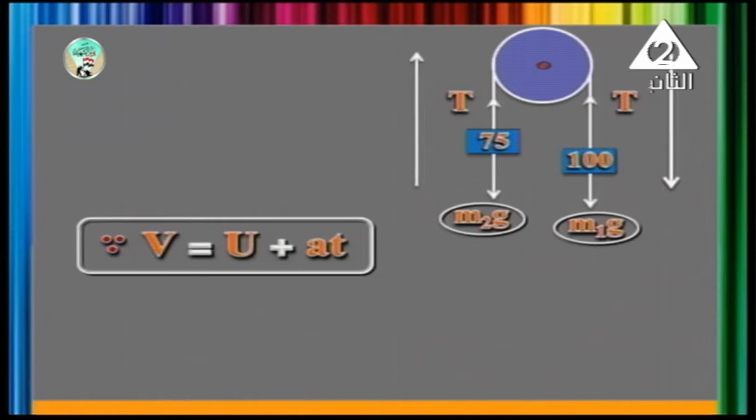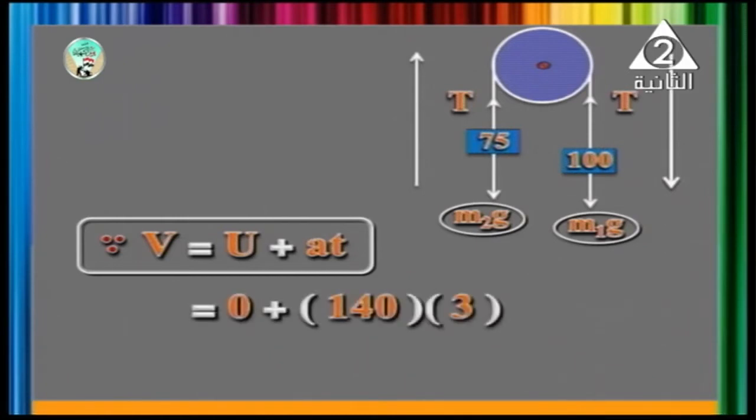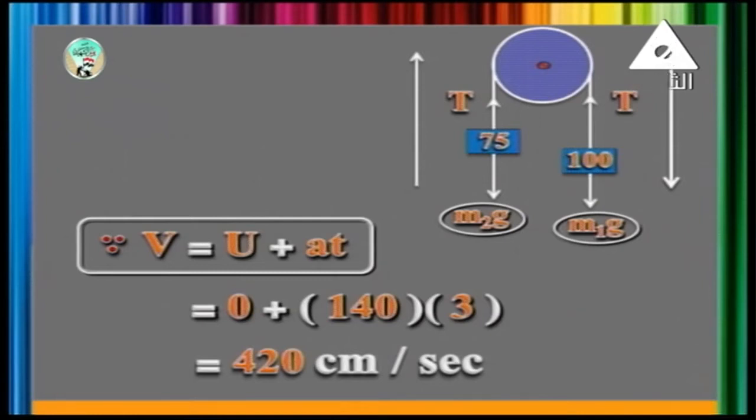Remember, my dear student, U is the initial velocity or V naught. Then V naught equals 0, starting from rest. Using the acceleration after 3 seconds, acceleration is 140 times 3, then the velocity equals 420 centimeters per second.